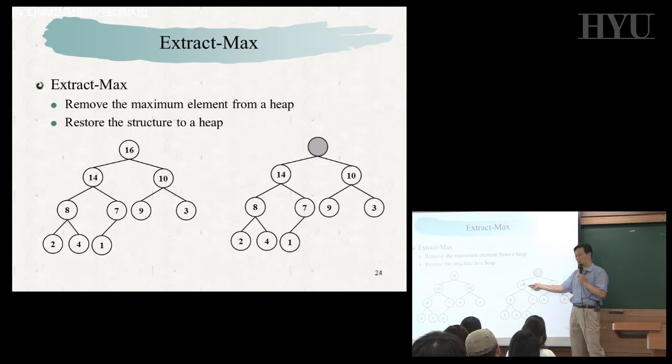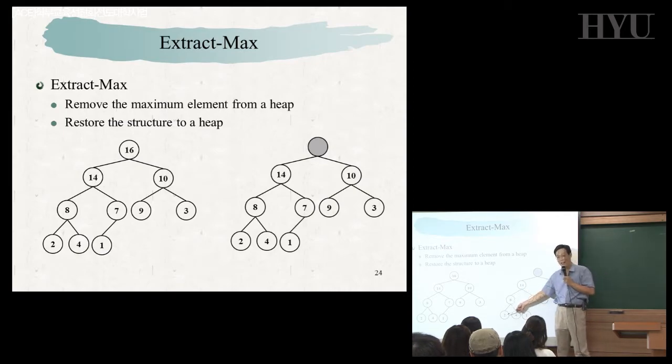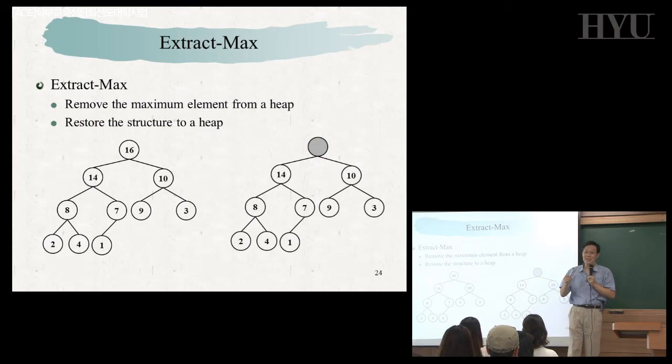Okay, 14 is moved here, and then 8 is bigger than 7, it is moved here, and then, yes, if 4 is moved here, then it satisfied the max heap property, but the shape is different.